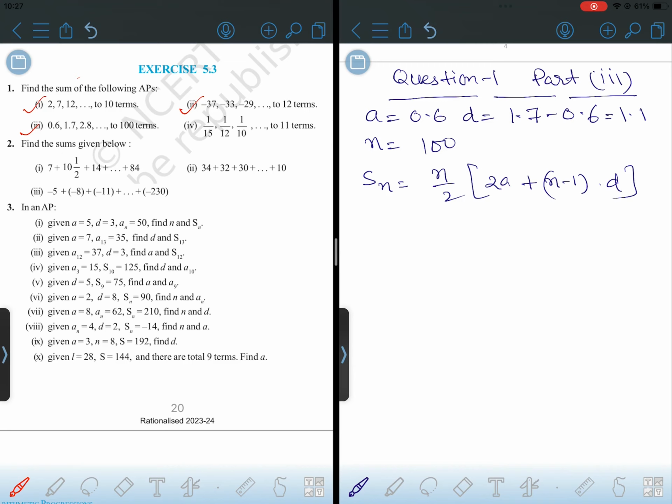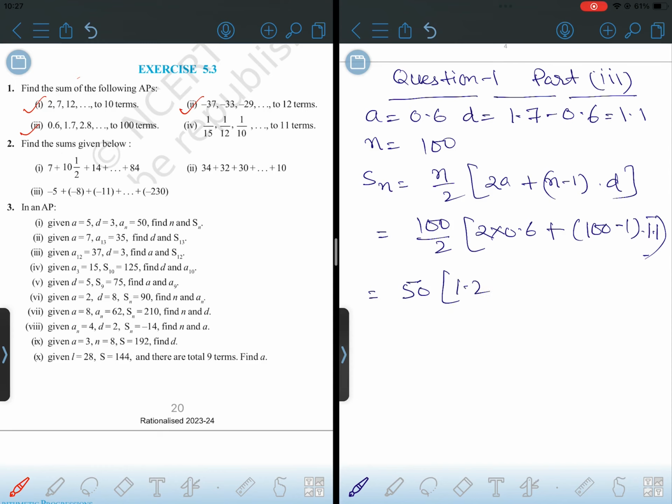The value of n is given as 100, so 100 upon 2 into bracket 2 into 0.6 plus n, that is 100 minus 1, d is 1.1, bracket close.